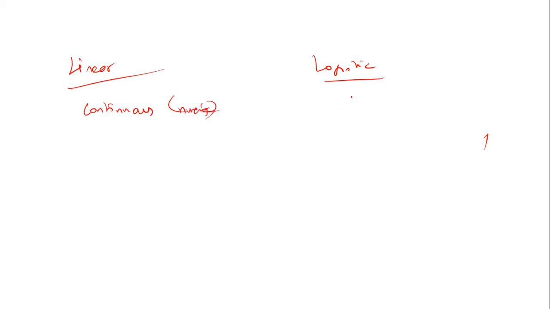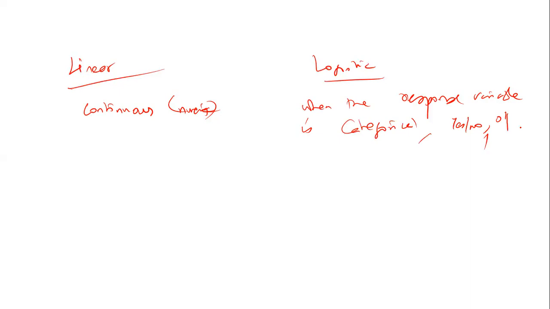So logistic regression is used when the response variable is categorical in nature. It can be yes or no, or 0 or 1, or true or false. This is the difference between linear and logistic.